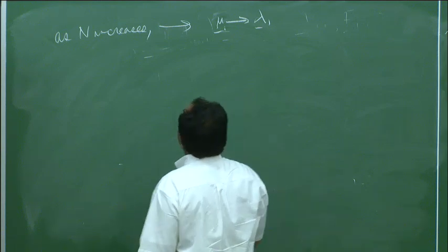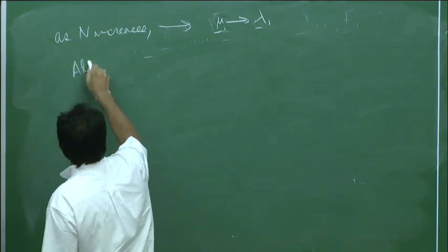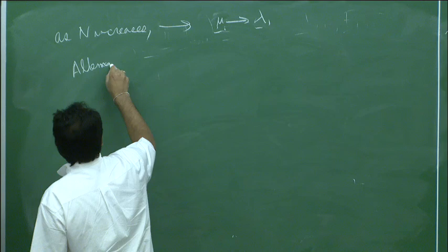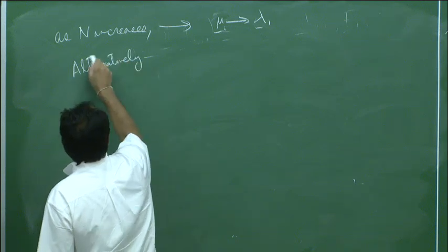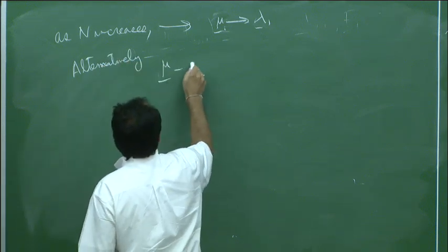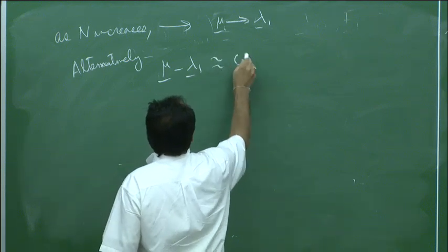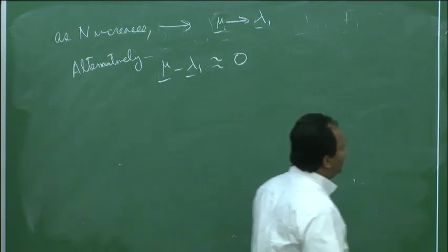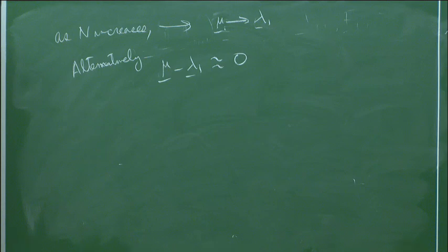In other words, mu minus lambda 1 becomes approximately 0. That's just a function of the fact that we are doing implicit integration when we use the Radau method.